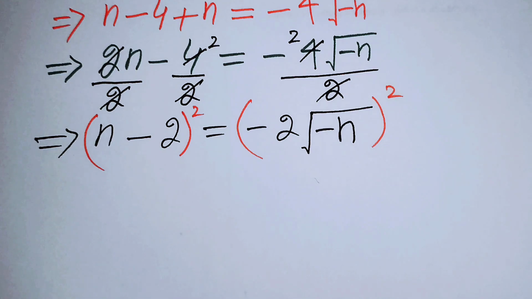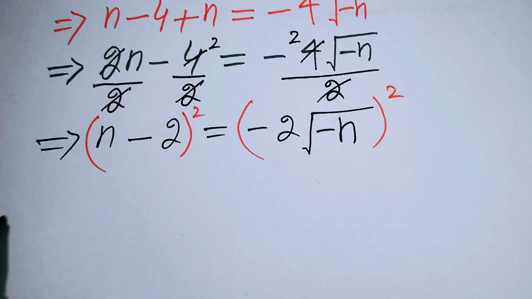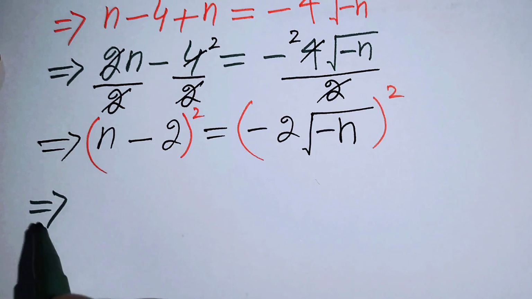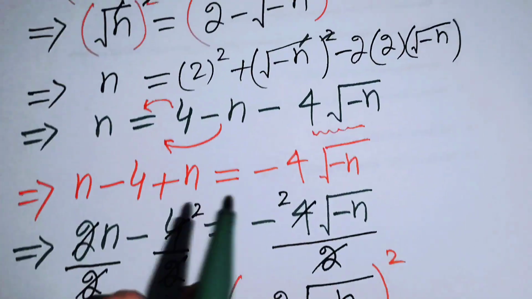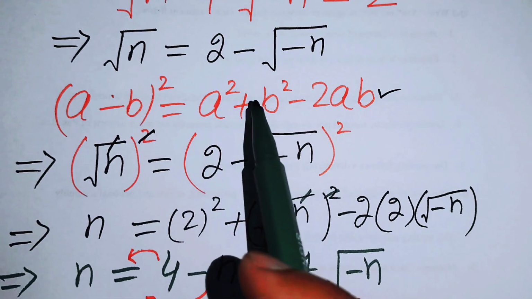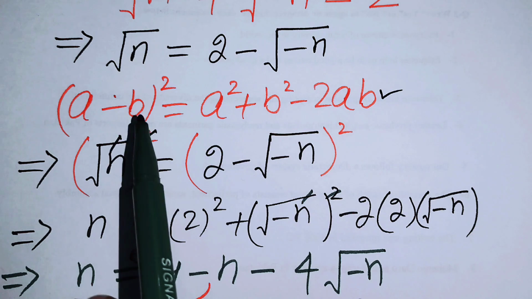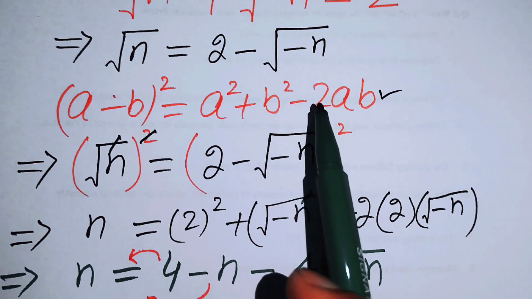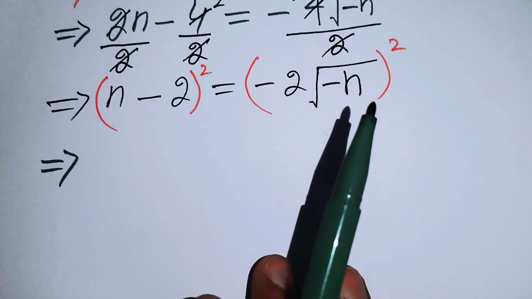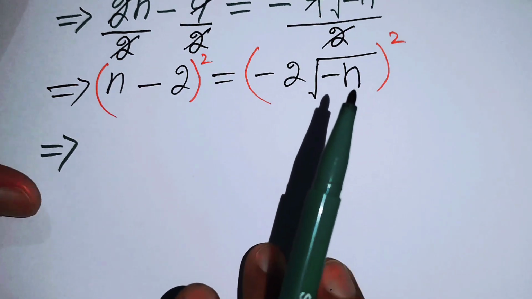After taking the square on both of the sides, in the left hand side I can again apply the formula (a − b)² = a² + b² − 2ab.